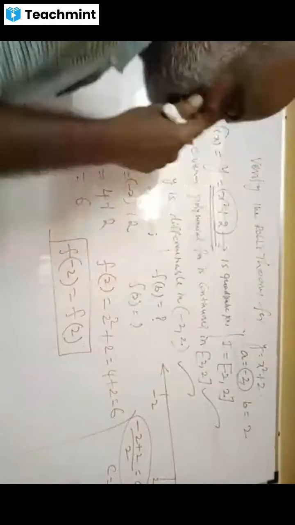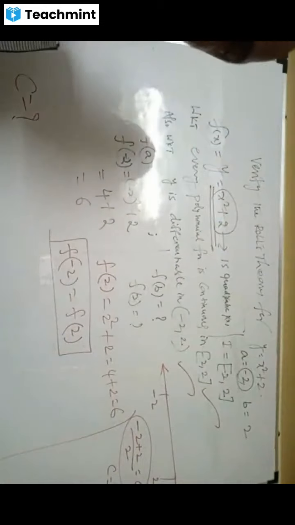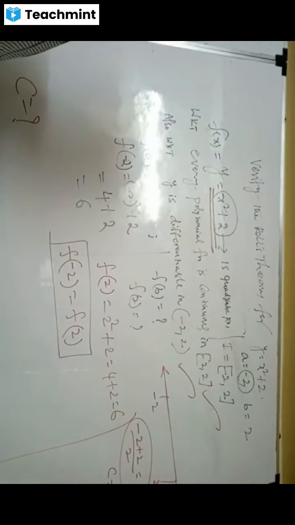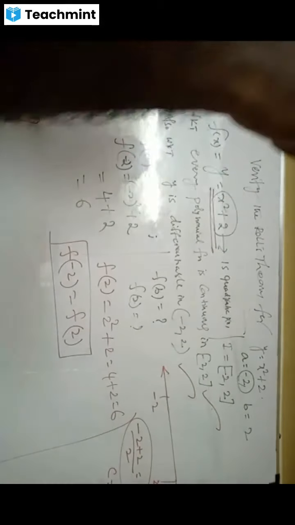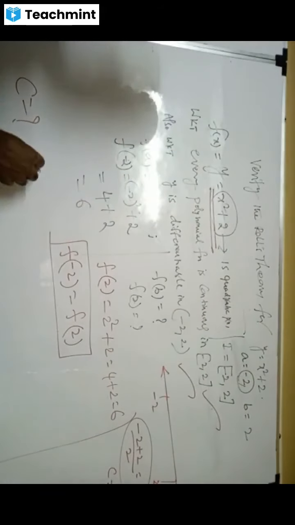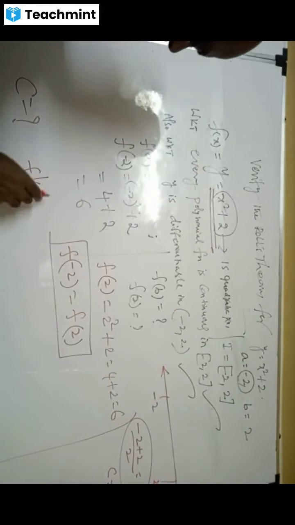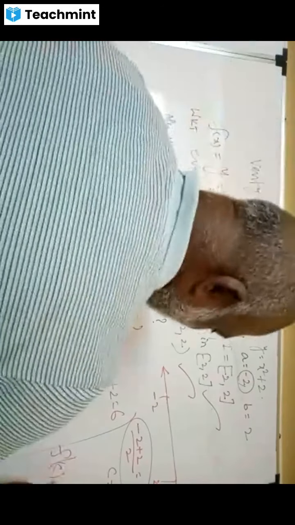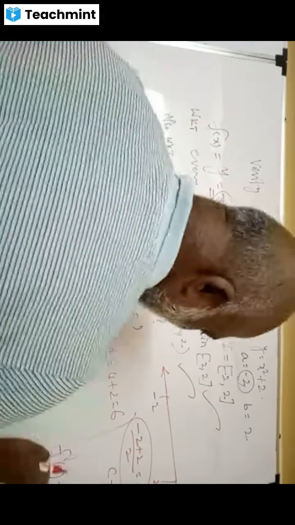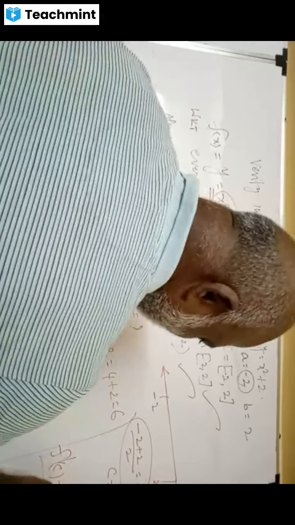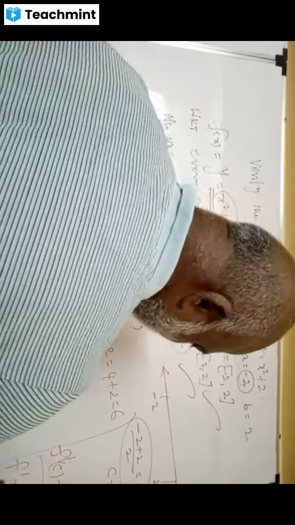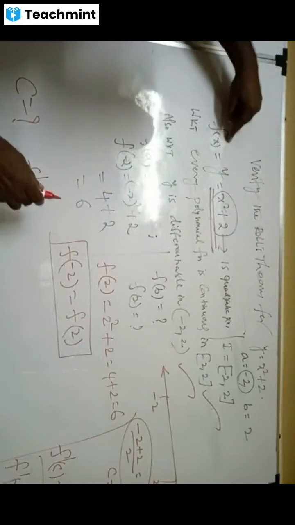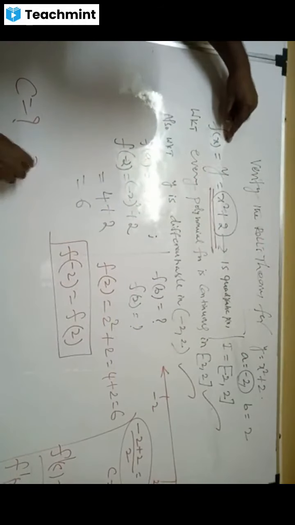Now I will tell you how to find c. That c must belong to the interval -2 to 2. To find c, you find f dash x and equate f dash c equal to 0. First you should know f dash x, where f of x equals x square plus 2.